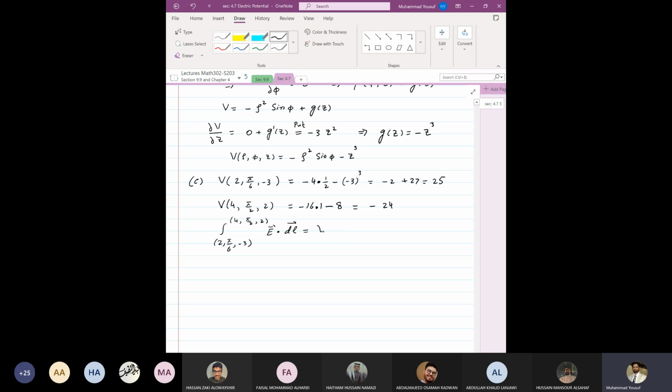This is equal to V at the end point (4, pi over 2, 2), which is V at B, minus V at the starting point A, from A to B.